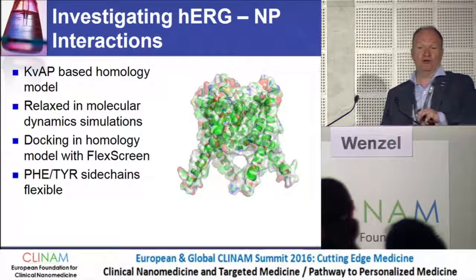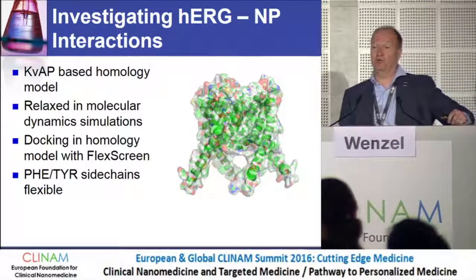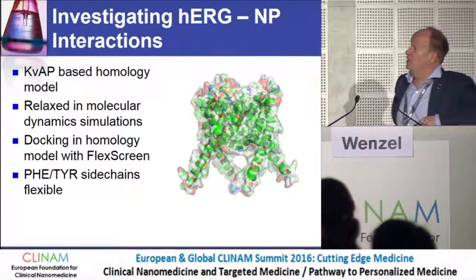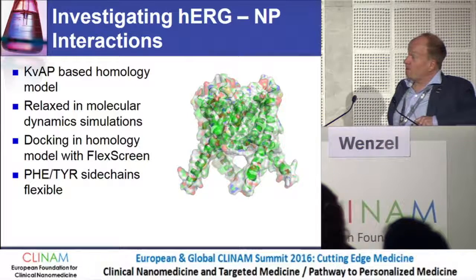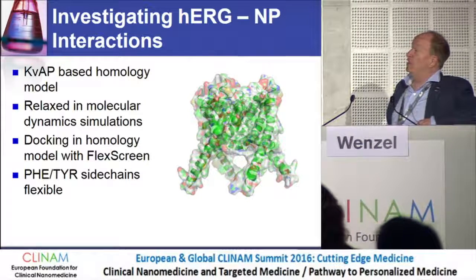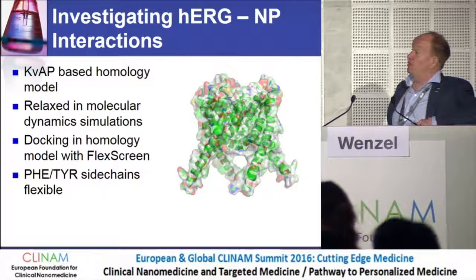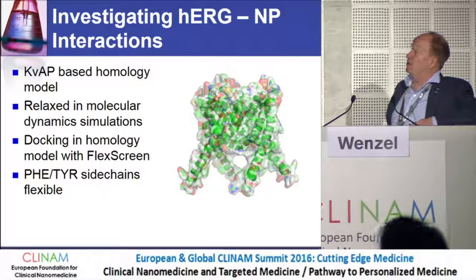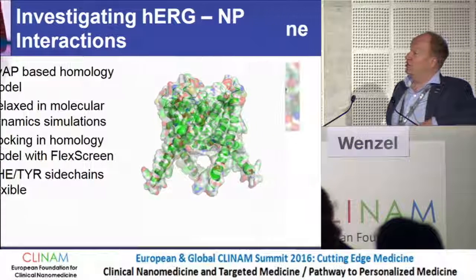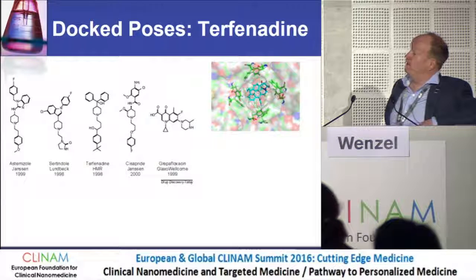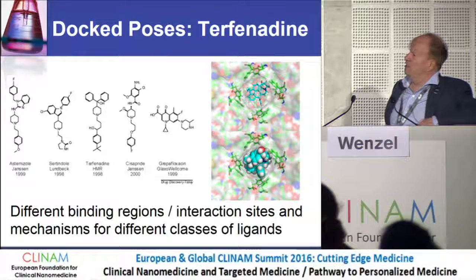Many of you know that the hERG channel is one of the primary toxicity measures for drug approval processes. We first started to validate the model. We generated a homology model because there's no crystal structure for the system. Then we docked a bunch of small molecule inhibitors with various affinities.